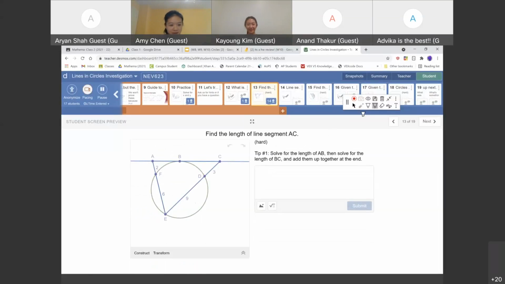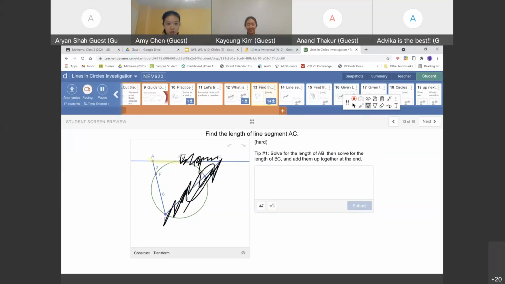So let's just focus on AB. BC doesn't exist right now, and we don't need that stuff right now. We're going to solve for AB and then solve for BC separately and add them up. So first we solve for AB using power of a point.